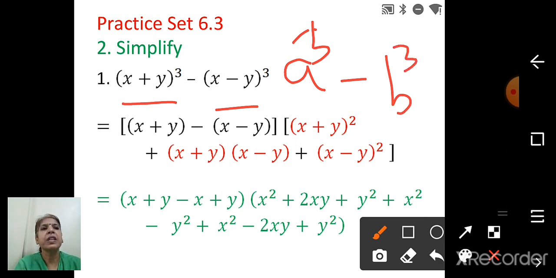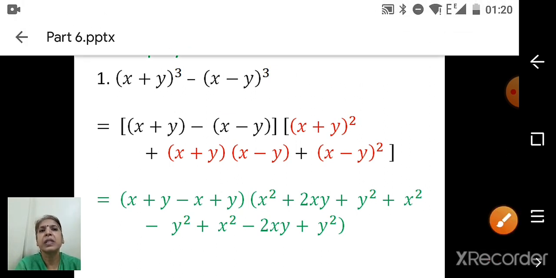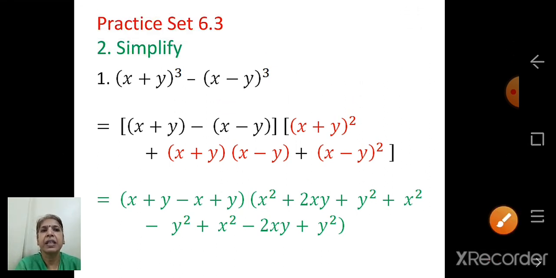We will be using the formula of a cube minus b cube. Our first term is x plus y and our second term is x minus y. So here we are not writing the formula as such. We know the formula, so based on the formula we will substitute the values using the formula a cube minus b cube.